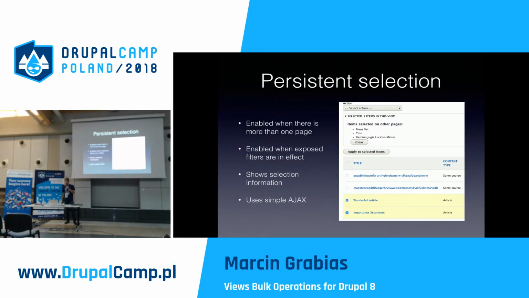Okay, now about the persistent selection. It's enabled when there is more than one page of results in the view, or when there are exposed filters in effect. It shows the selection information, like the count of entities and entities selected on other pages, and it uses simple Ajax rather than the Drupal Ajax framework.